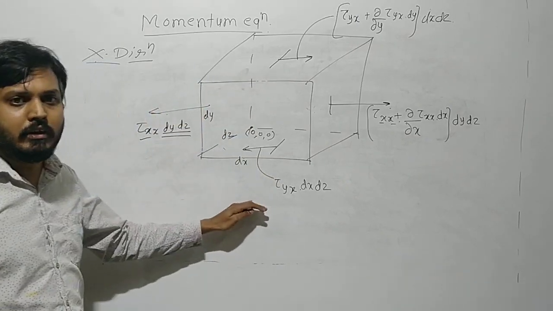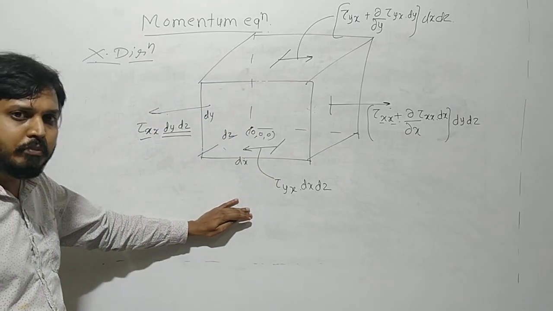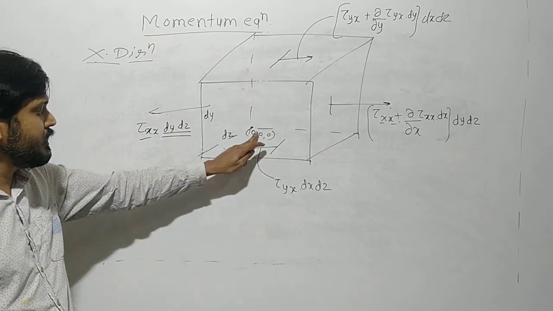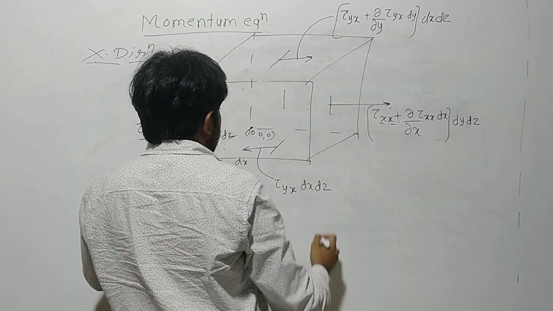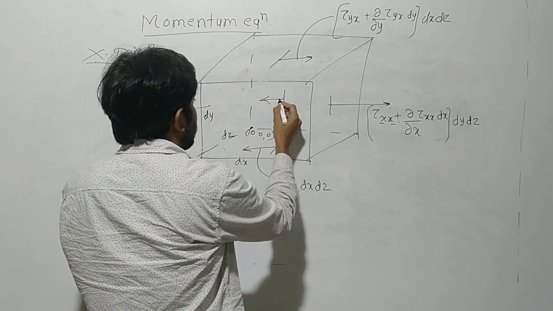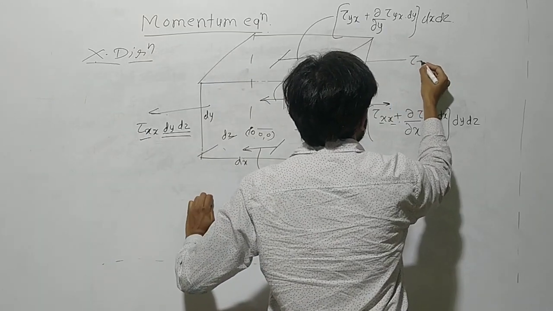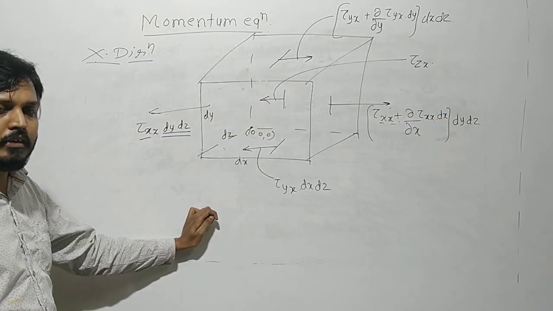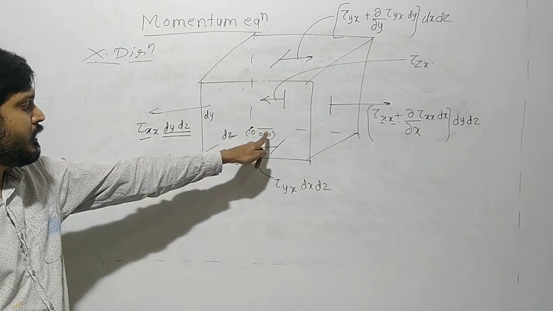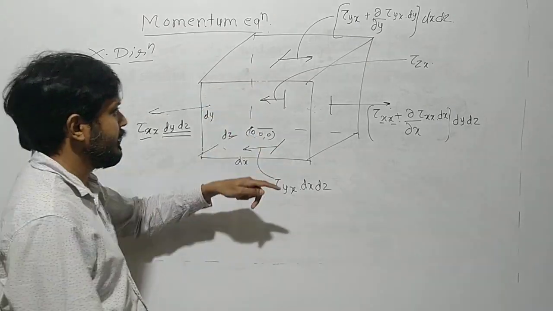So the third one is the z plane and x direction. Where is the origin? This is the origin, so I start with this. This is tau zx. What will be the surface area of the z plane? Dx dy.